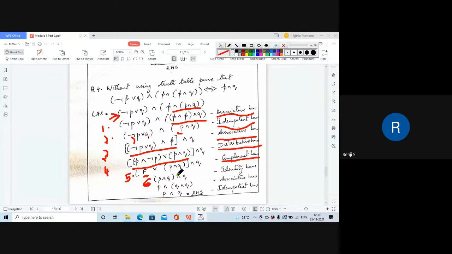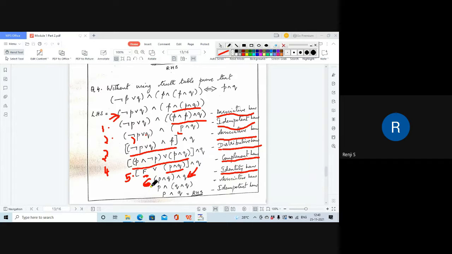Very good, P or F is P. So here P or (P and Q) or F, you get P itself, and here the P and Q is written as such here. So you get P and Q, and we had applied identity law. P or F gives P is called identity law.